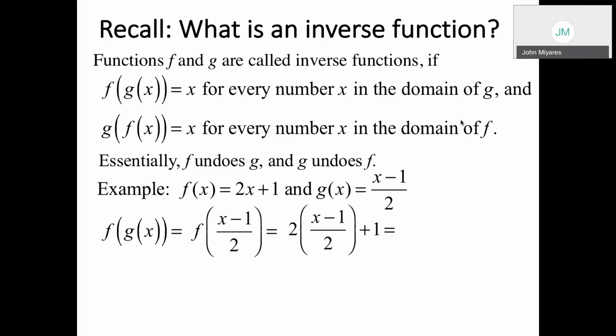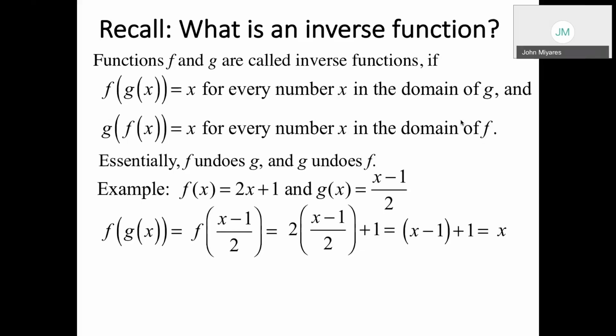So we're going to take the entire expression for g, double it, and add 1. Simplifying this expression, you should see that the 2's on the outside are going to cancel, leaving you with just x minus 1 plus 1, which after you cancel the 1's leaves you with plain old x, the number we started with.